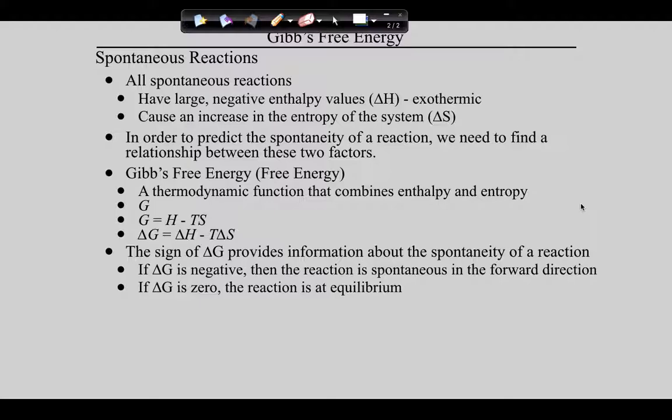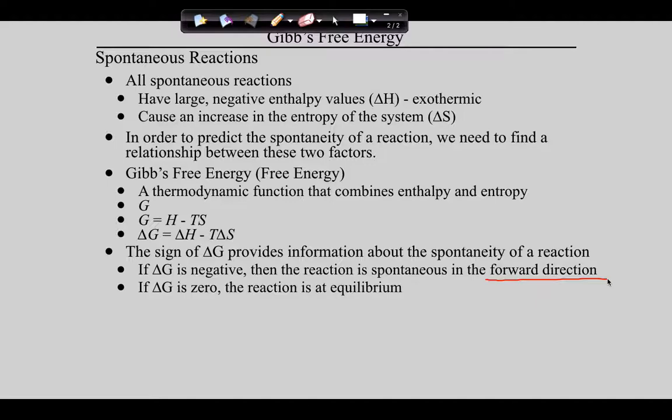So guys, what about this? What does it mean if delta G is positive? It means it's not spontaneous, but guys, the trick is this. It is not spontaneous in the forward direction. So the way that we're representing the process, if delta G for the process is positive, it means it doesn't go this way on its own.